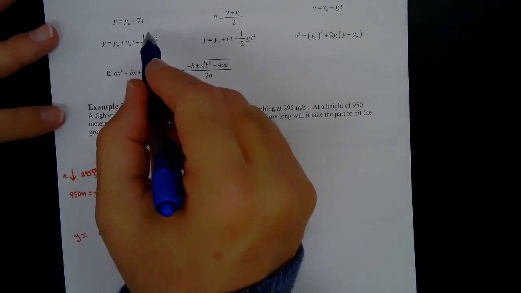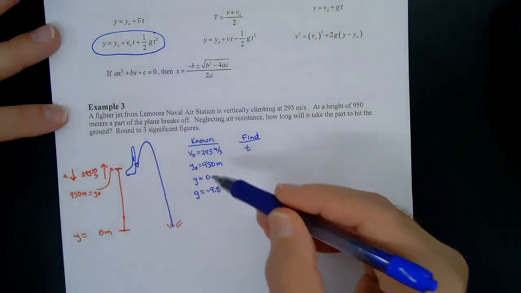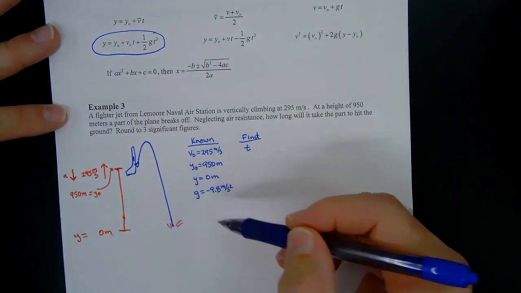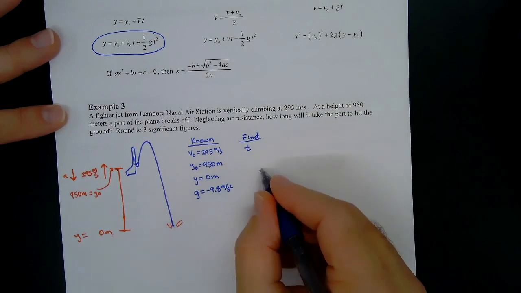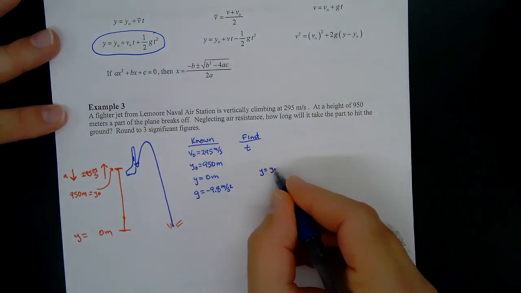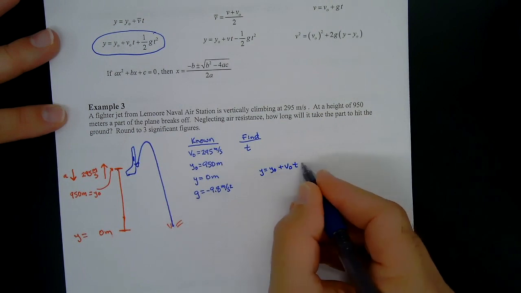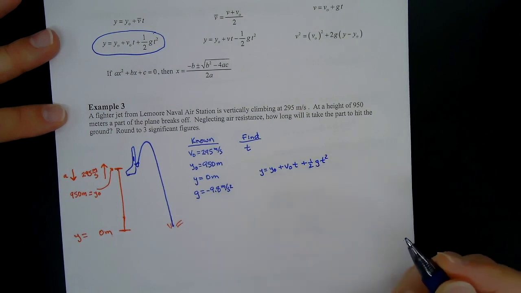It turns out it's the exact same one we used on the last problem. I have V sub 0, Y sub 0, Y, and G. So Y is equal to Y sub 0 plus V sub 0 times T plus 1/2 G T squared. That's the equation I'm going to use.